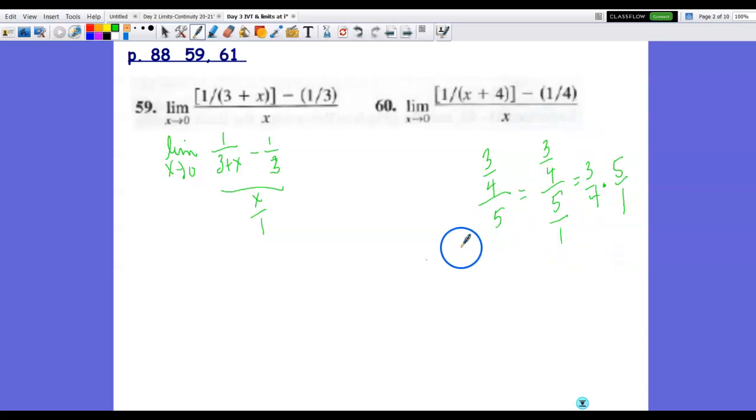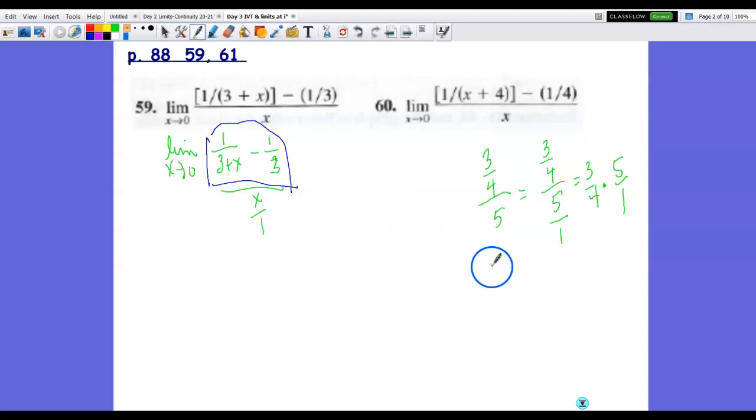So I'm going to do exactly the same thing over here on the left-hand side. Except in this case, I have a fraction minus a fraction over a fraction. So I'm going to work first with the numerator. I'm basically going to ignore the denominator right now, because now I have to get a common denominator in the numerator.